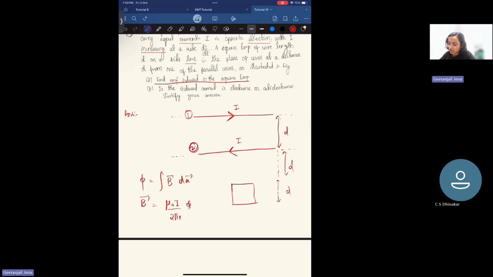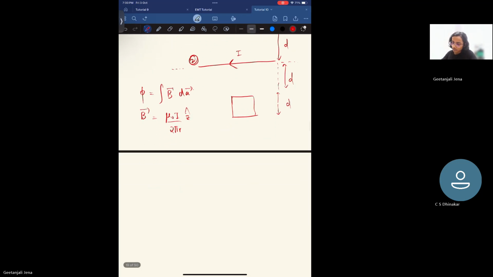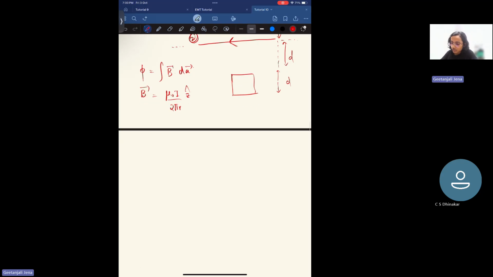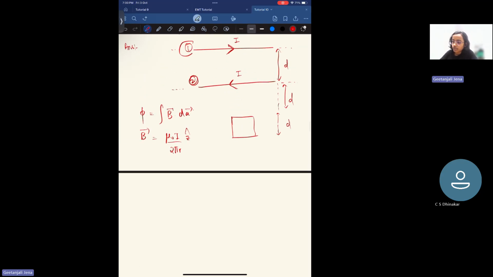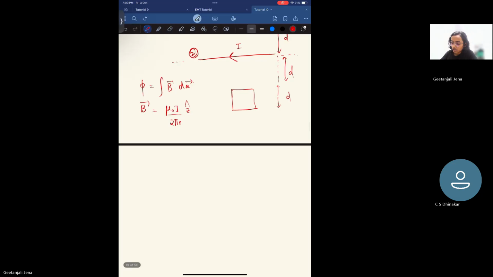Or if we are considering this out of the plane, we can write it as z cap. So for wire 1, the flux is phi 1, and this is B dA.